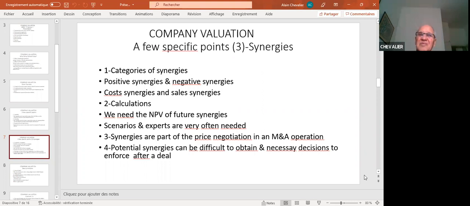But there is something which has to be negotiated: the increase in value of the new company resulting from the merger of A and B because of the synergy. Generally, the value of synergies is split between the buyer and the seller. That means, in order to split the synergies value, you need to identify and measure these potential synergies to get a net present value of the future synergies.